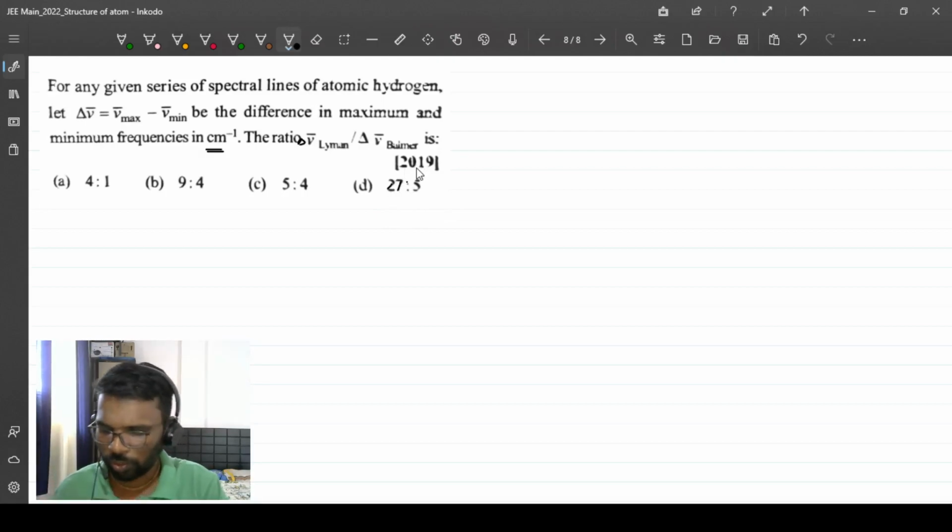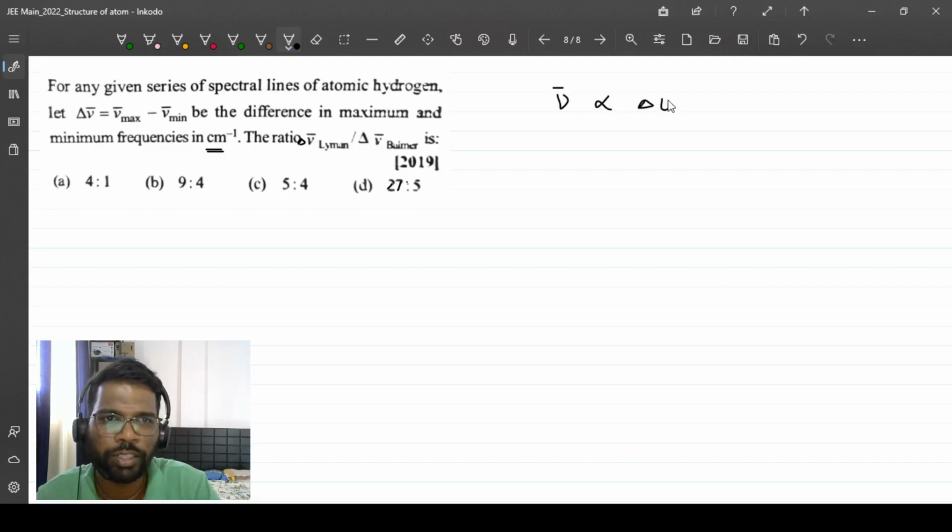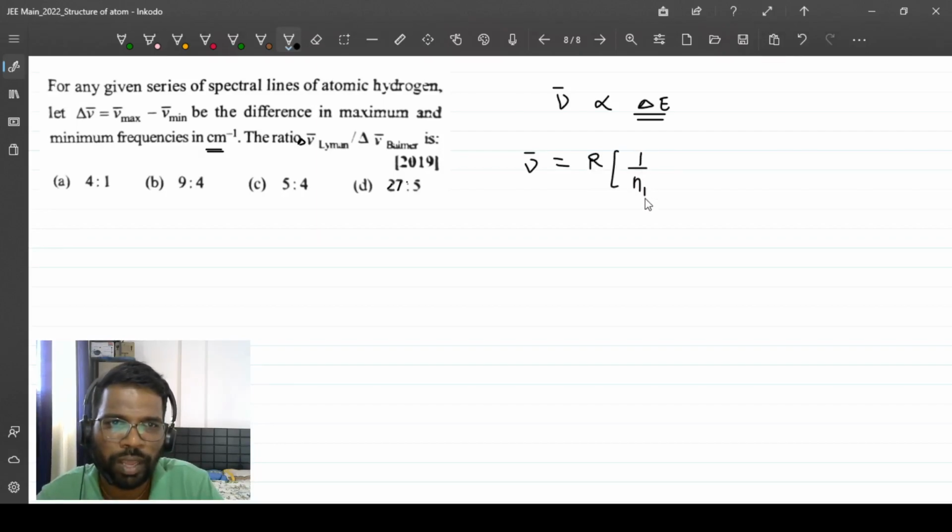So let's solve this question. The wave number is directly proportional to the energy difference. Like, the more the energy difference, the wave number will be directly proportional. So the wave number formula is given as, since this is the hydrogen atom, Z will be equal to 1. So the formula I will write as R into 1 upon n1 square minus 1 upon n2 square.